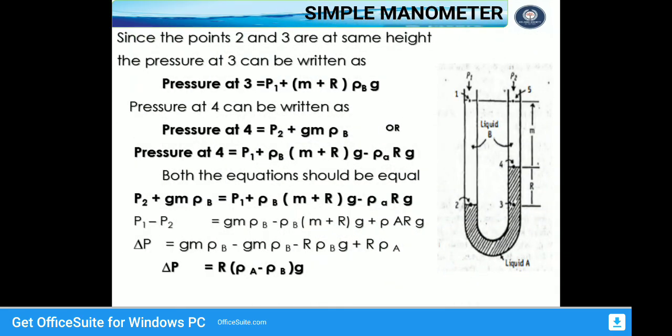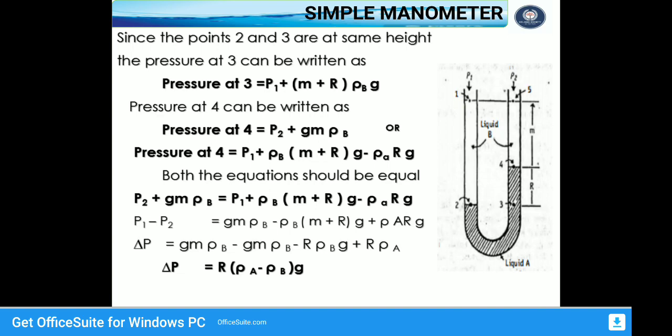Since points 2 and 3 are at the same height, the pressure at point 3 is equal to P1 plus (M plus R) into rho B g, and the pressure at point 4 can be written as P2 plus G m rho B, or P1 plus rho B into (M plus R) into G minus rho A R G.